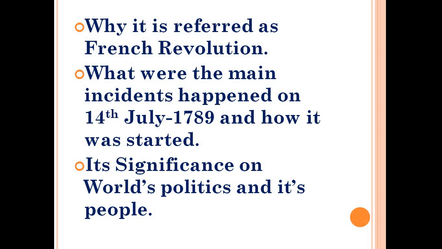In this video we are going to discuss why it is referred to as the French Revolution, what the main incident was that happened on 14 July 1789 and how it started, and its significance on world politics and its people. Okay, let's move to our next part.